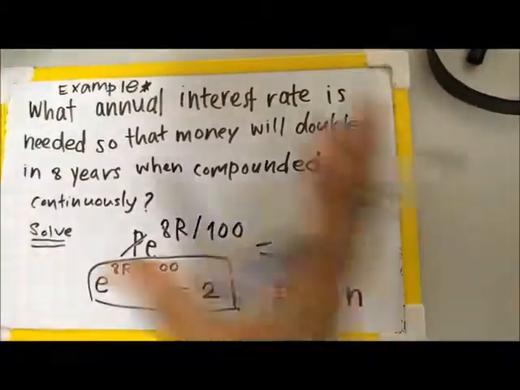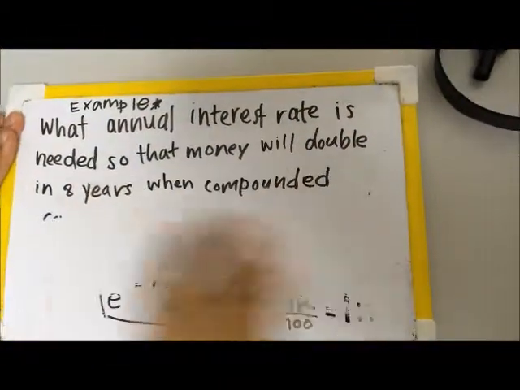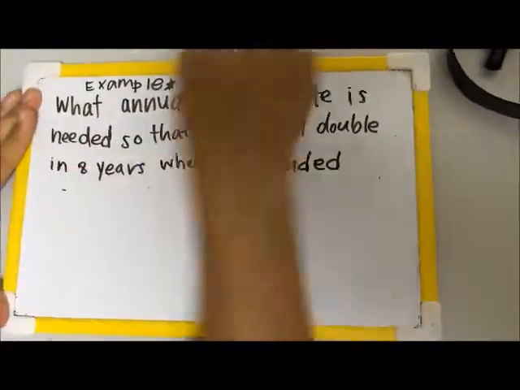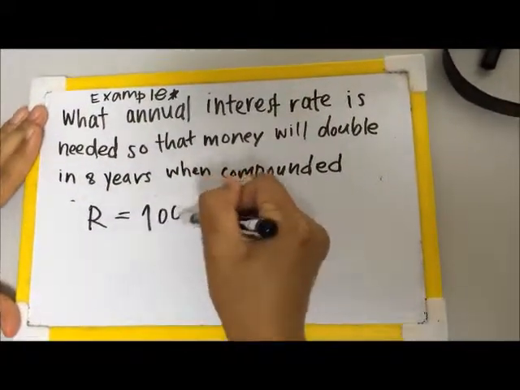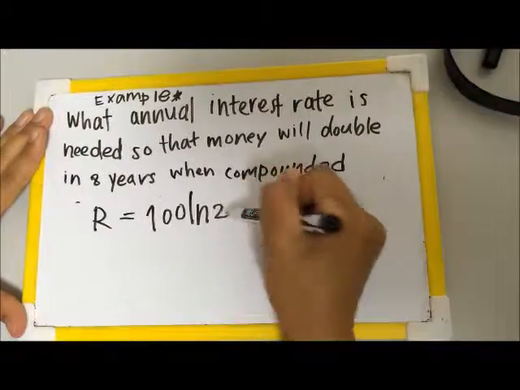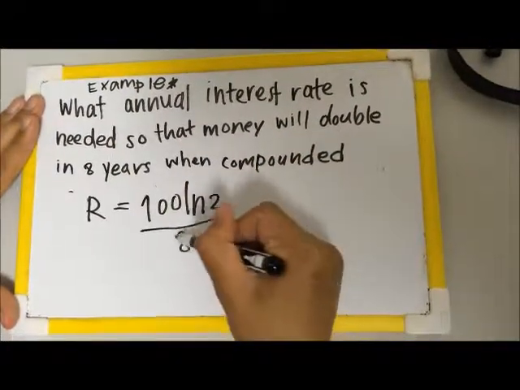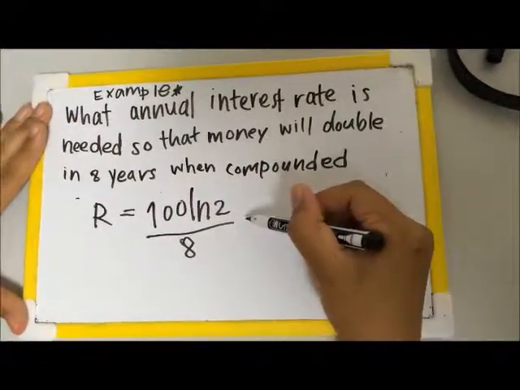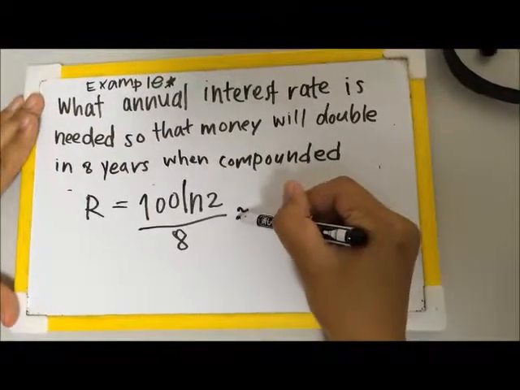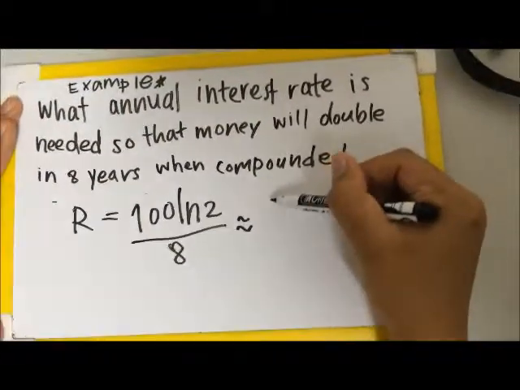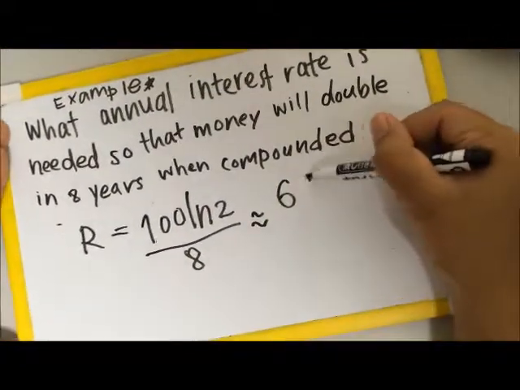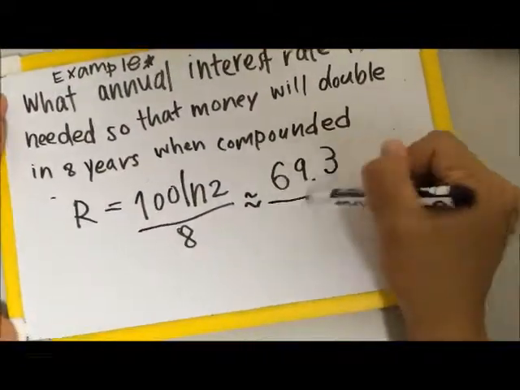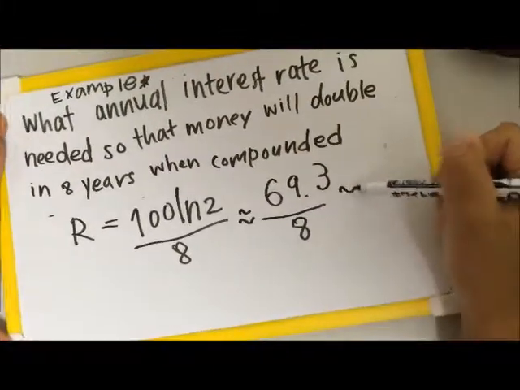and this will become r equal 100 ln 2 divided by 8. Let's use the calculator to solve this problem, and it will be 69.3 divided by 8.